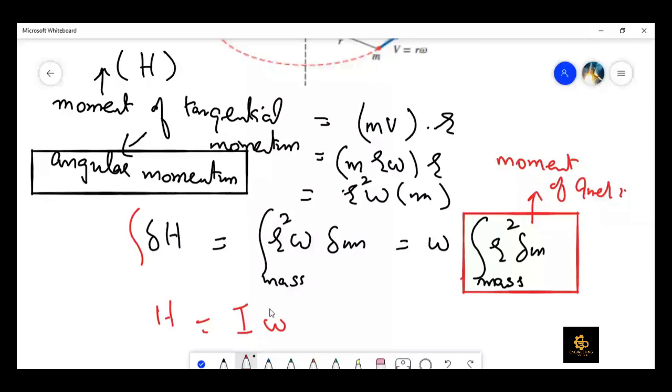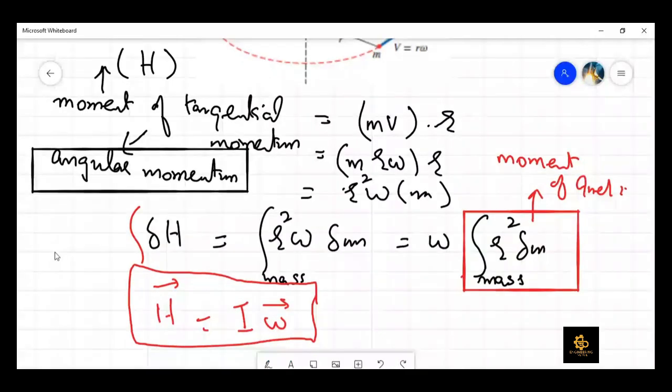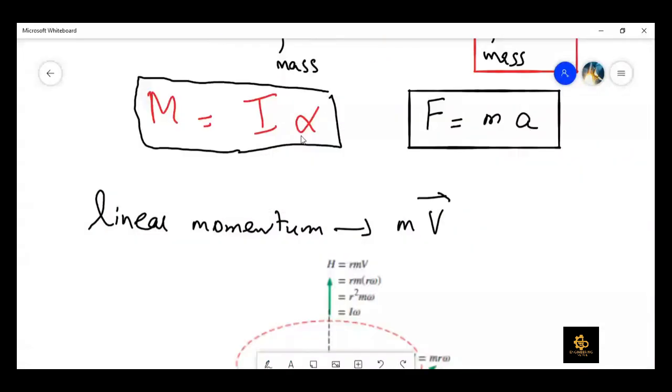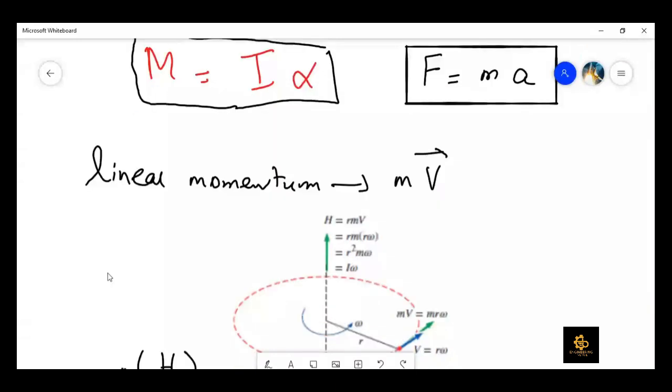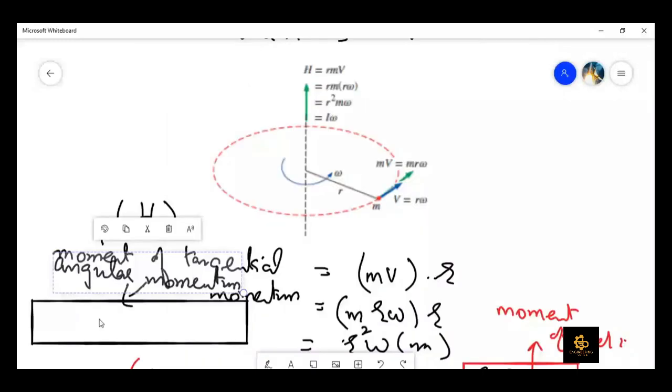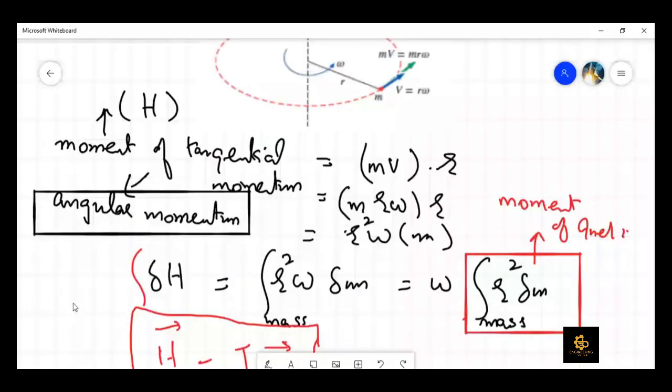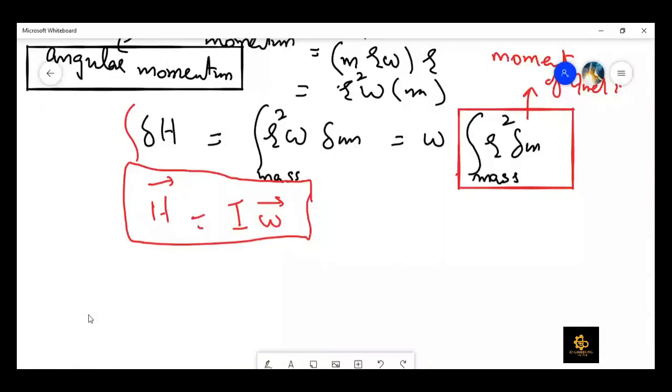We can write it: angular momentum is the product of moment of inertia into omega, and the second thing was tau is the product of I into alpha. Here this M is torque basically. Right. So I hope that these are quite understandable from the prior knowledge. I just wanted to make sure that you understand these things.